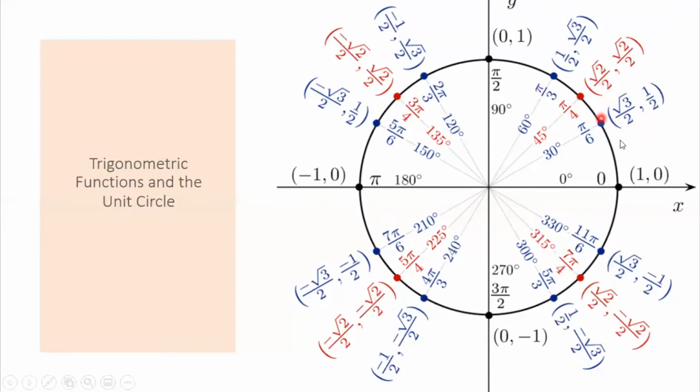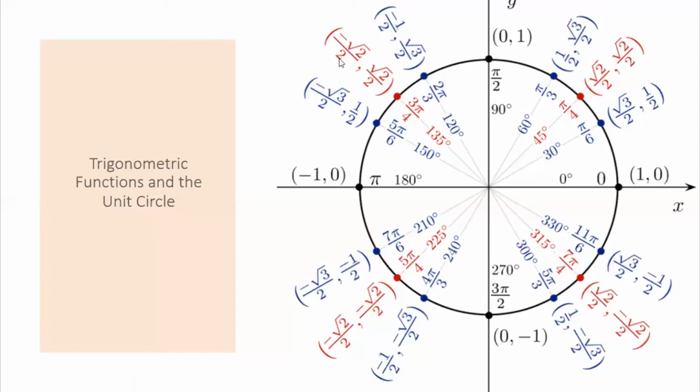So this value is positive since this point lies in the first quadrant. The x and y coordinates are all positive. How about here, in the second quadrant? By the way, this is negative 1/2.